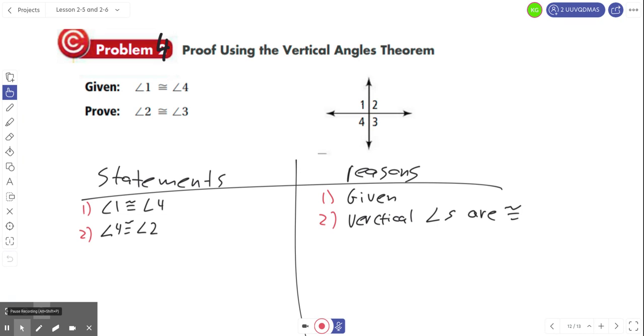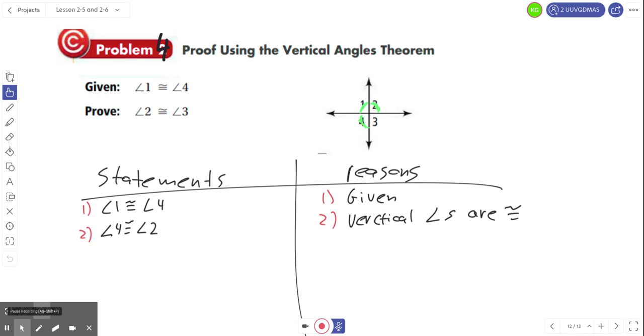Now let's think about what I know. I know that angle 1 is congruent to angle 4. And I also just figured out that angle 4 is congruent to angle 2. And my goal here is going to be to show that both angle 2 and angle 3 are congruent to angle 1.